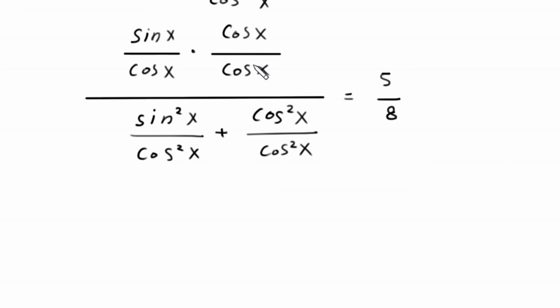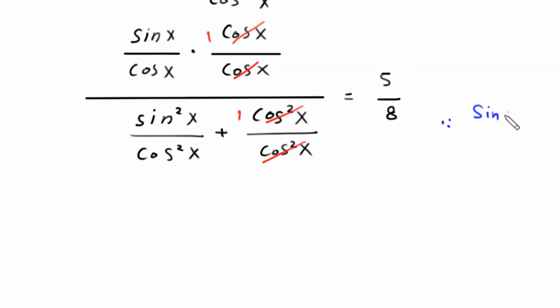Now this cos of x will be cancelled out with this cos of x, and here 1 is left, and this cos squared of x will be cancelled out with this cos squared of x, here 1 is left.